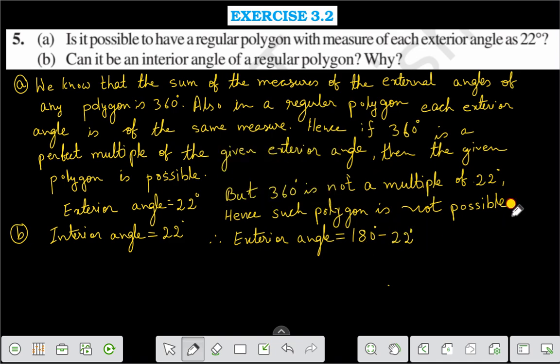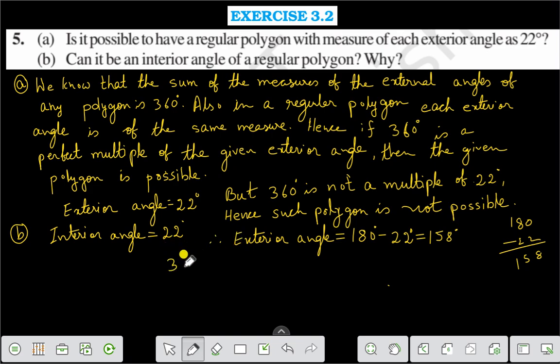If you subtract this, you get 158 degrees. Right?